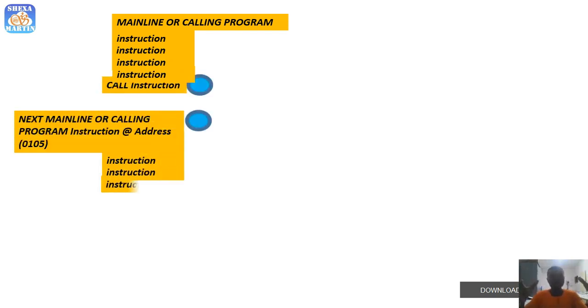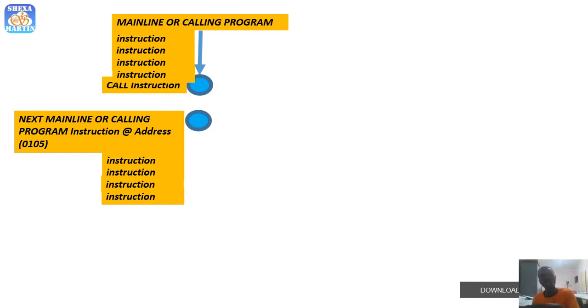Right, so that's it. Let's say we have the main line program, and we are calling a procedure which is also calling another procedure. Let's see what happens. Our main line goes to call, and 0105, which is this one, is pushed onto the top of the stack.